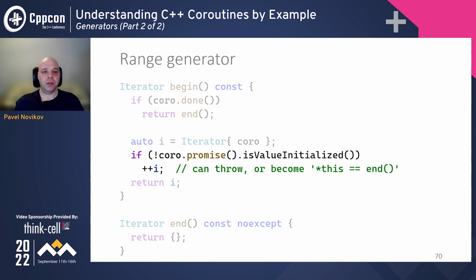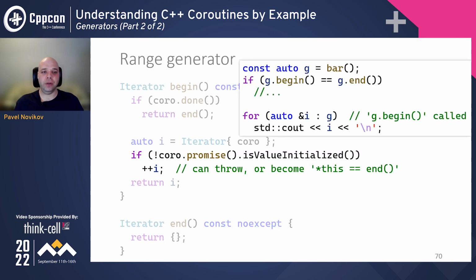So since we already defined all of these in the iterator implementation, we just call the increment in this case, and after that we return it. I implemented it like this because I want to call begin multiple times.